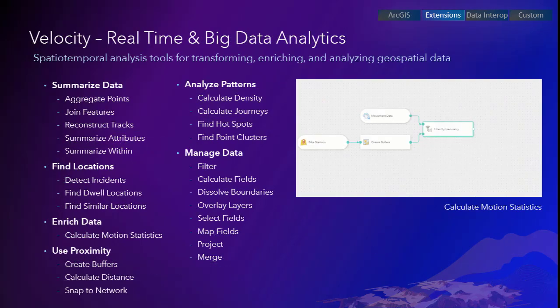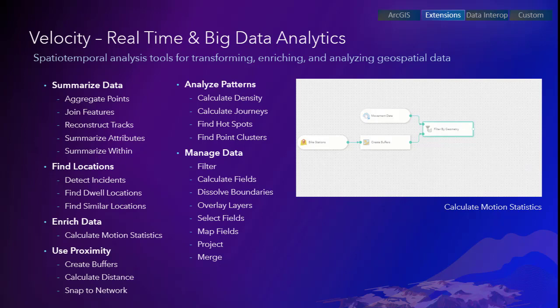Now, we already talked about how Velocity continuously integrates data across cloud, IoT platforms, and other cloud data systems. Now let's talk about the real power of Velocity in its ability to analyze data in real time and across large data stores.